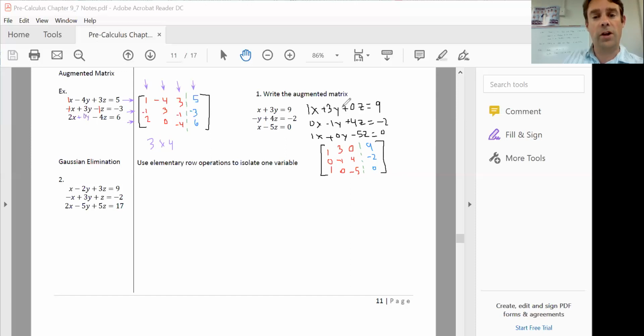So one of the things I also want you guys to take a look at here is that this row right here, these are all the coefficients of x. These are all the coefficients of y, and these are all the coefficients of z. So the first thing we got to do is put something in a matrix. So there we go. Put it in a matrix.